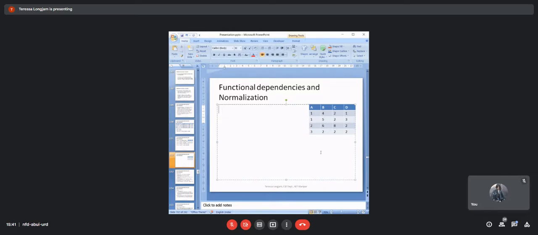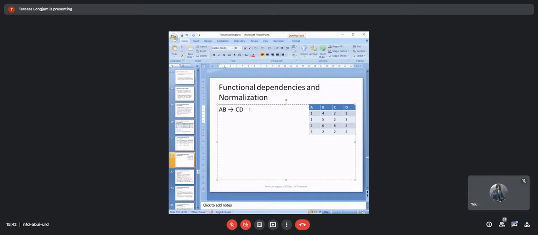AB can determine C. Let me see AB. Okay, B is having unique values, so it is going to be true. AB can determine C and also can determine D. Okay, because it has B here in the left hand side, and B is unique for each and every tuple. Okay, so this is true.